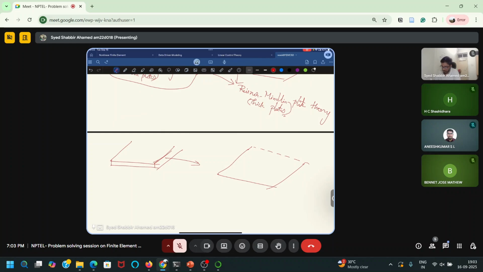So this is the mid surface of the plate. We write the diagram with all the stresses on our plate, and take moment equilibrium and force equilibrium, and by doing all these things we get our equations.